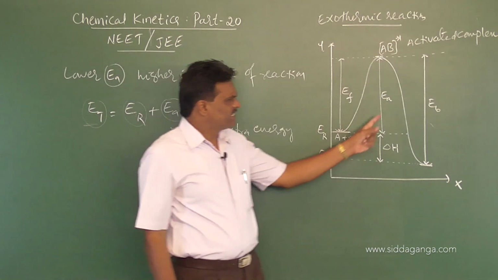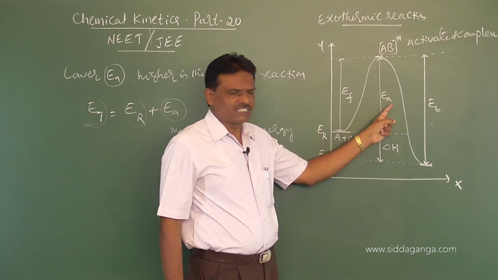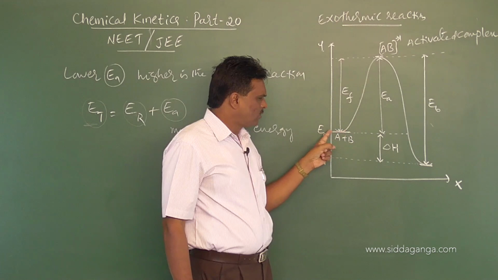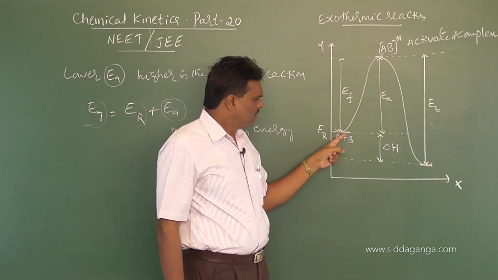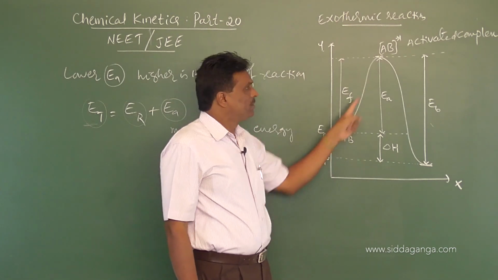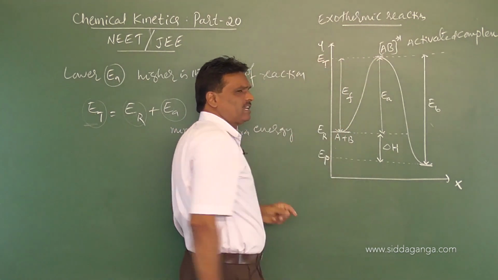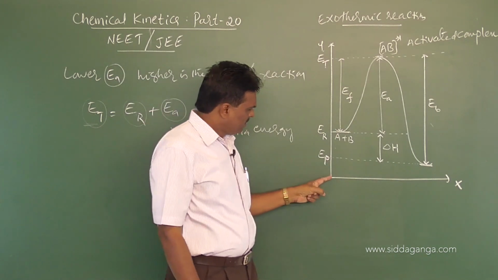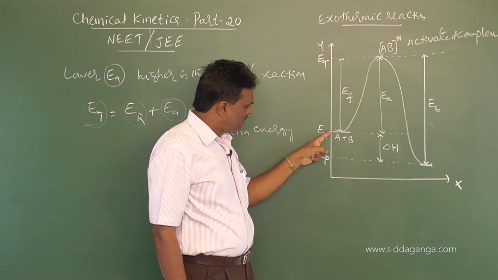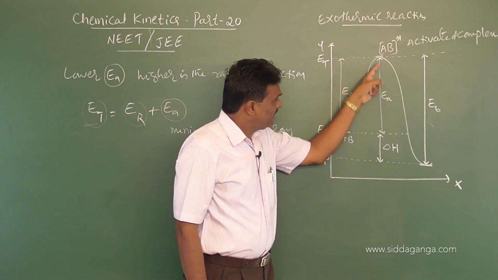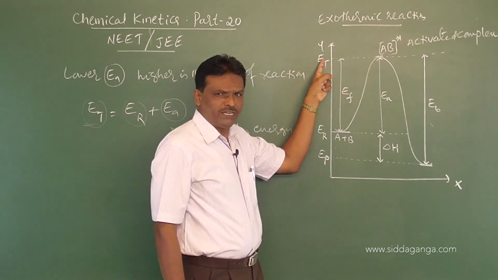In this case, this is the extra energy supplied to the inactive reactant molecules to raise their energy, which becomes equal to threshold energy. This is called ET. ET means threshold energy. So look here, ER plus EA becomes equal to ET.